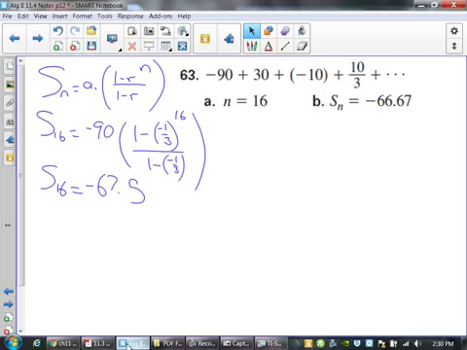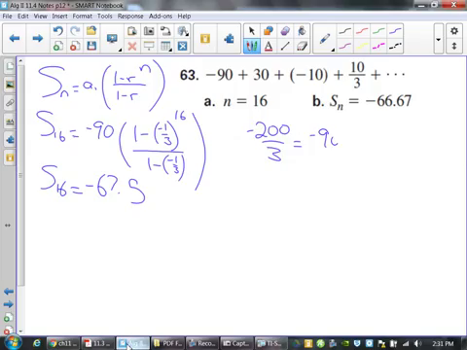Now, the other one, they're trying to find the sum of them where it equals negative 66 2/3. Put everything into a fraction. Negative 66 2/3 is negative 200 over 3. So you have negative 200 over 3 is going to equal your first term times the quantity 1 minus your rate to the n over 1 minus your rate.